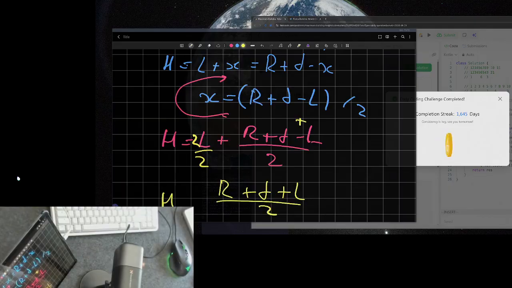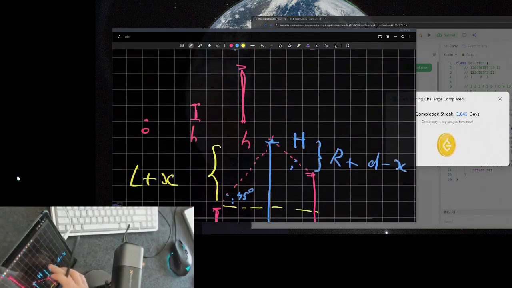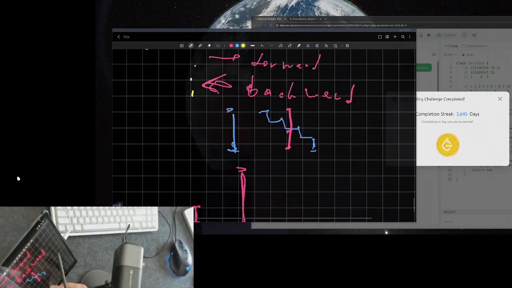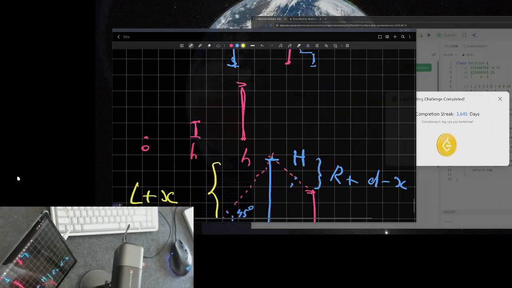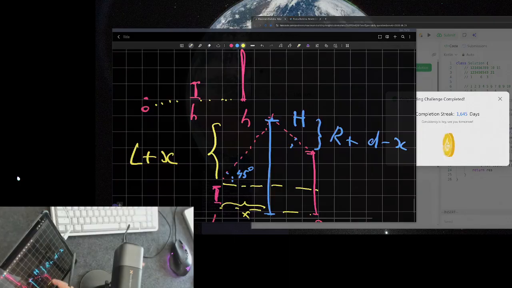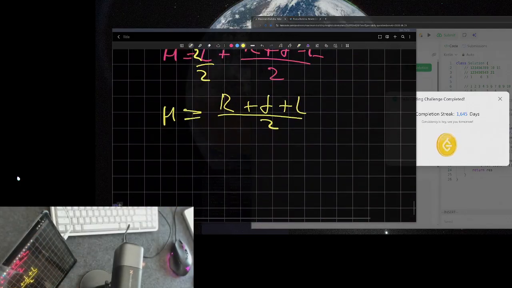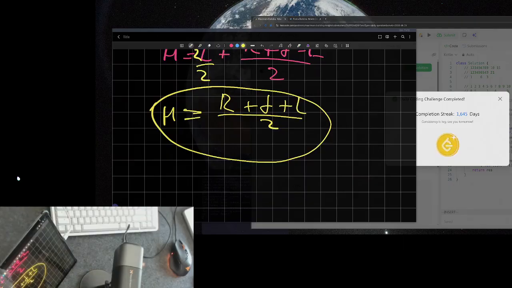So this is h. After we do this backward and forward pass, we analyze each one of the intervals individually. It doesn't matter what order they are in after we adjusted them, and we do this for each interval.